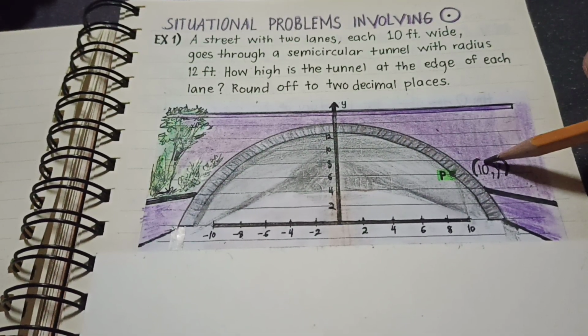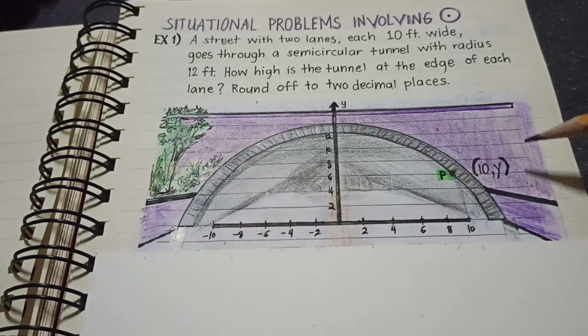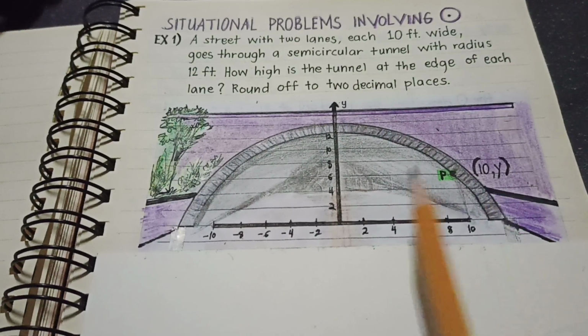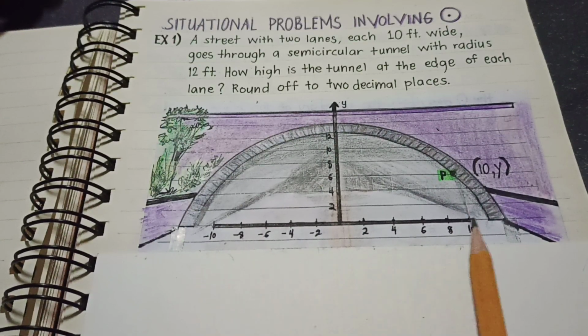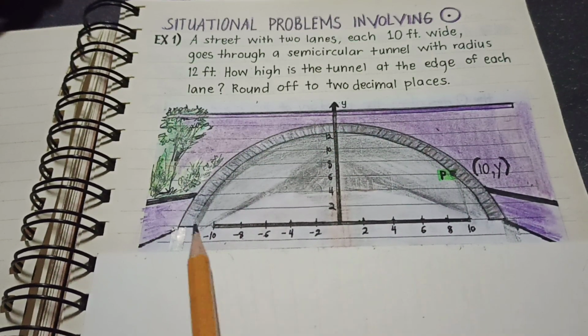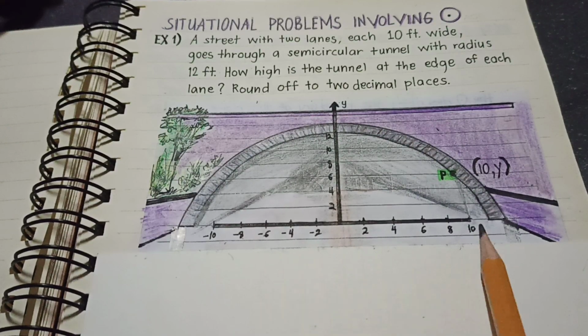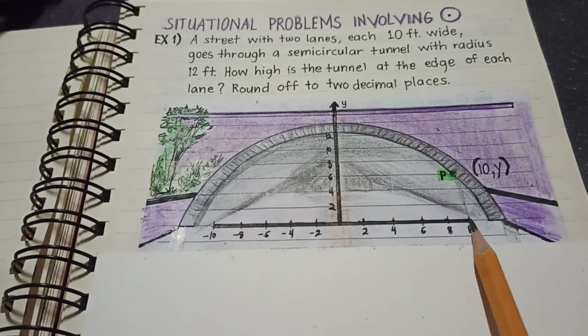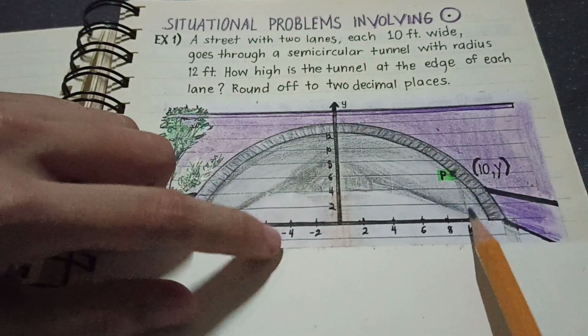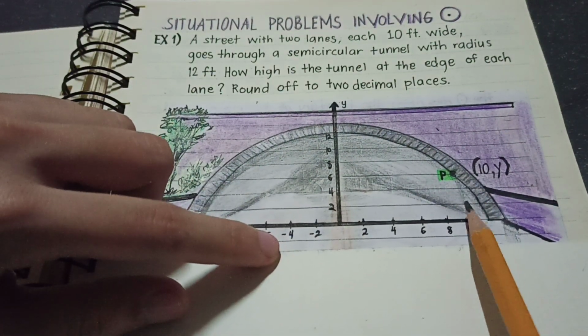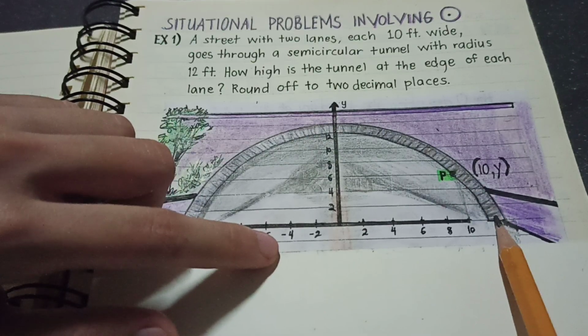If you'll notice, it's 10, y. Why 10? 10 is the x-coordinate. The label below, the measurement of the lane, is my x-axis. Since it is aligned with 10, the x-coordinate is 10.